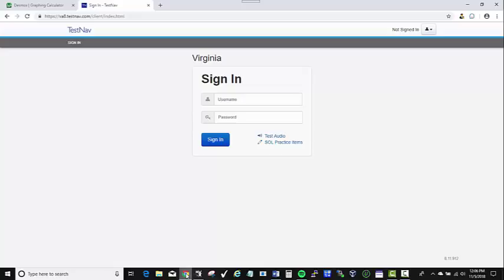This time, I'm going to go through the 2019 TestNav SOL practice questions. Virginia changed the standards for the SOL in 2016, so they are more increased standards.